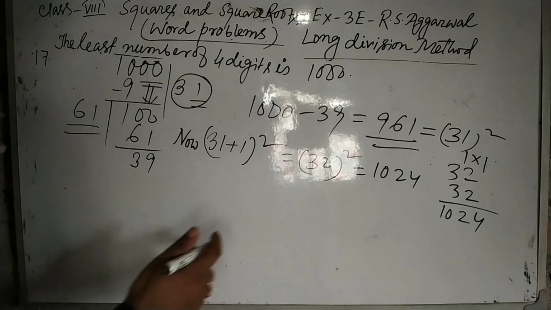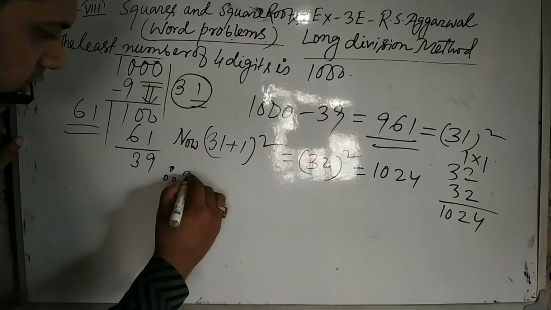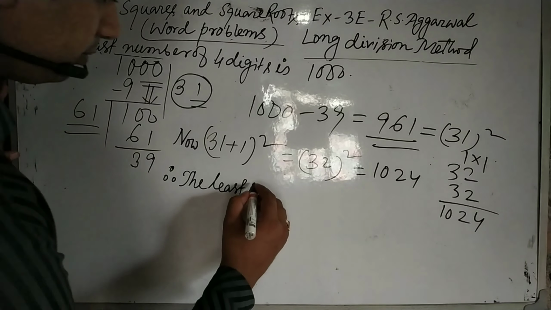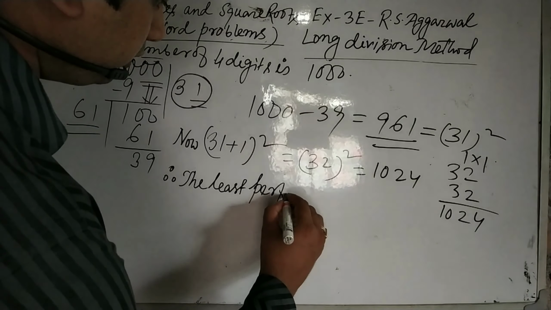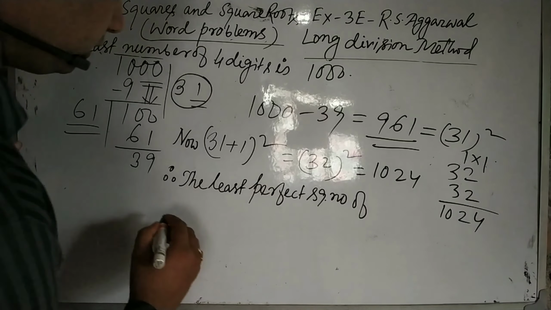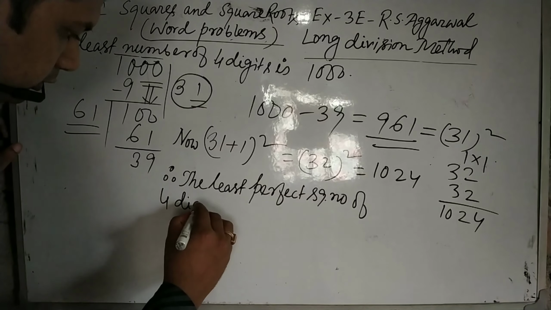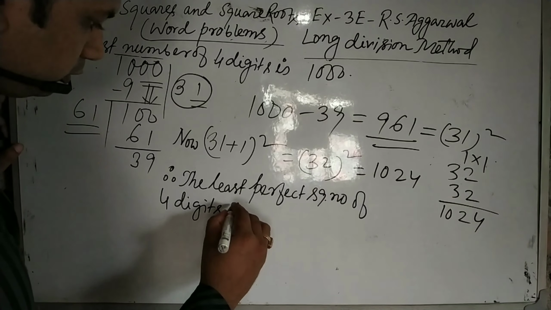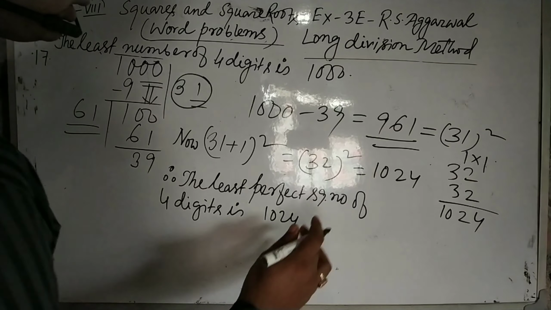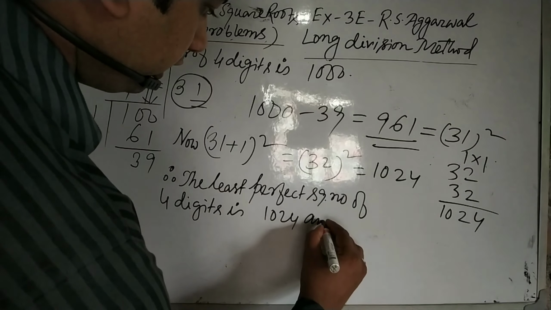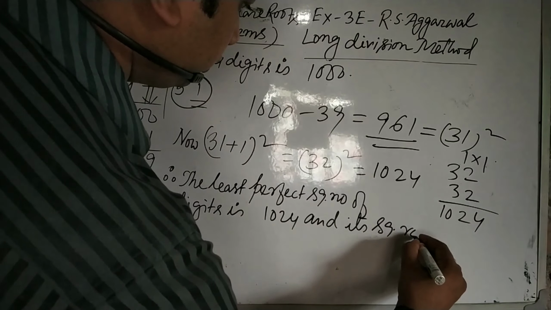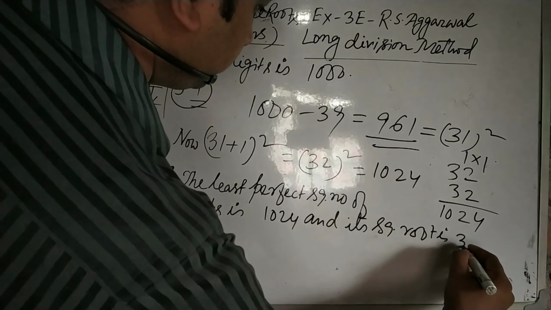Therefore the least perfect square number of 4 digits is 1024, and its square root is obviously 32.